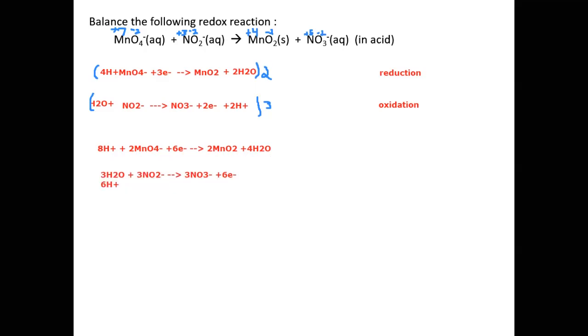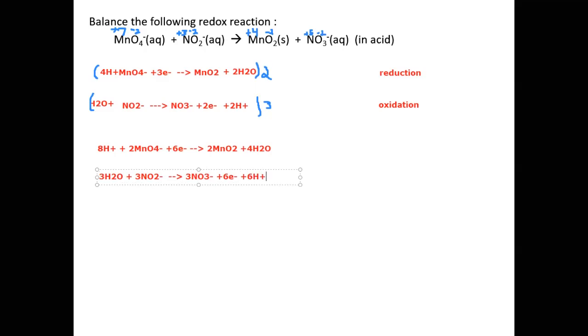Oh no. Let me do that again. So we have 3 H2O plus 3 NO2 minus gives us 3 NO3 minus plus 6 electrons plus 6 H+.